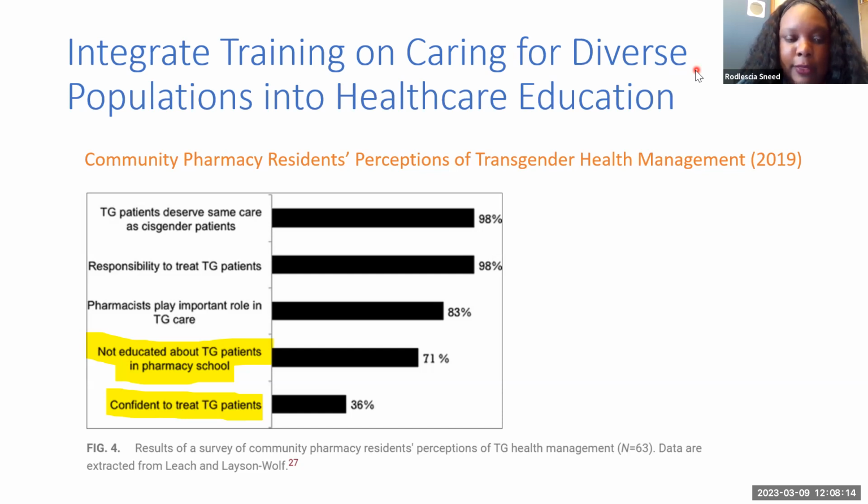Additionally, only a third of residents said that they felt confident to treat transgender patients. So really focusing on integrating training of caring for diverse populations into healthcare education is a good practice for organizations as well.